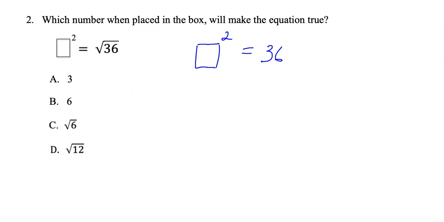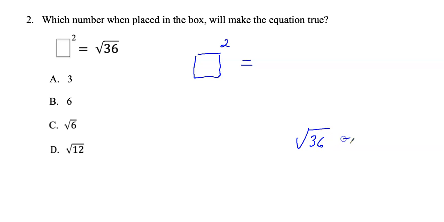So watch how I approach this. I'm going to rewrite this equation as follows. What number squared equals the square root of 36? But I'm going to simplify this piece over here. Do you remember what the square root of 36 is? Well, this means what number multiplied by itself gives you 36.